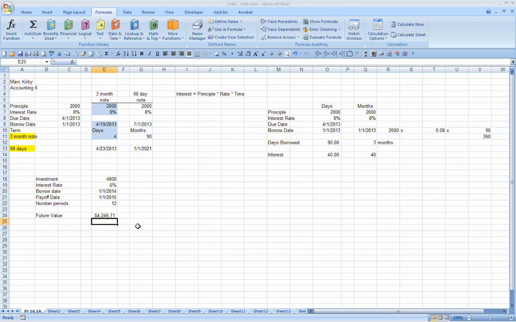Good? Let's test this a little bit. Let's go 4,000 at 6% for one period.